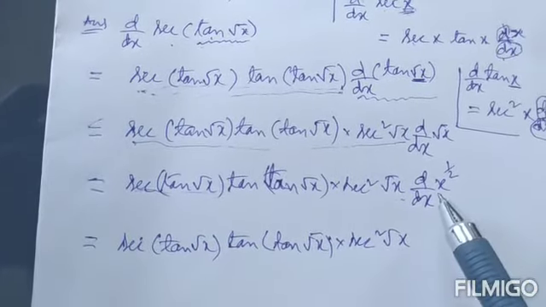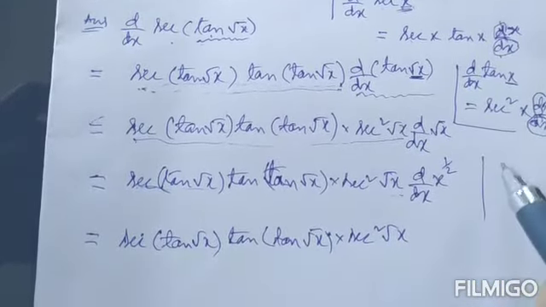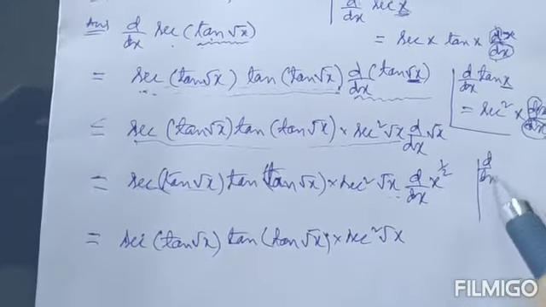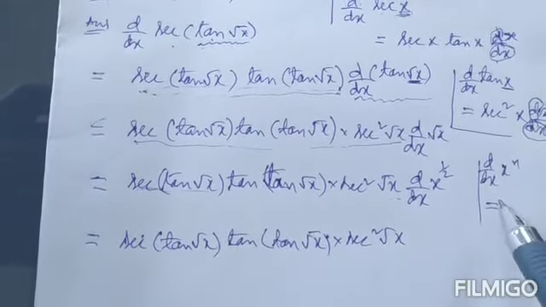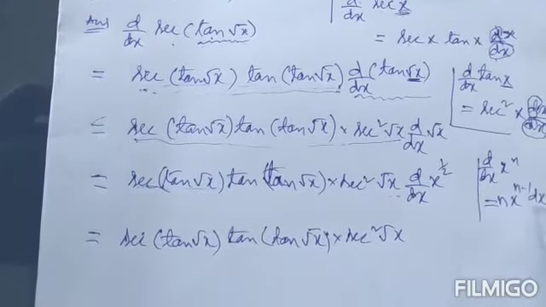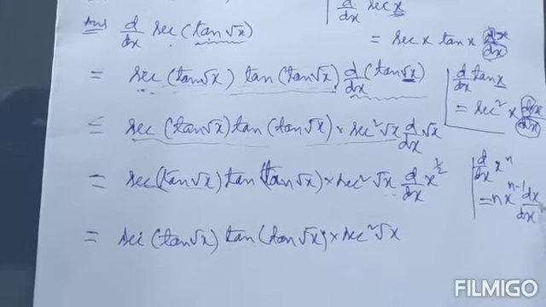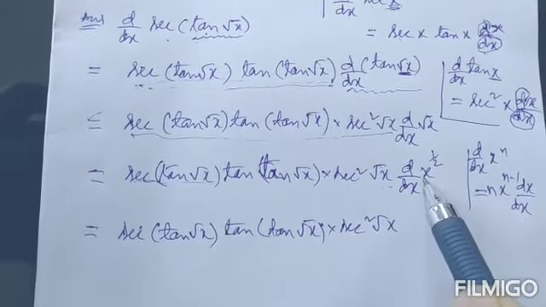Now here I have to differentiate using the formula for x power n. D by dx of x power n is equal to n and then x power n minus 1 dx by dx. But what is my x in this case?